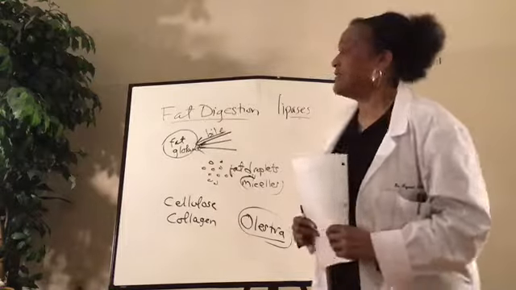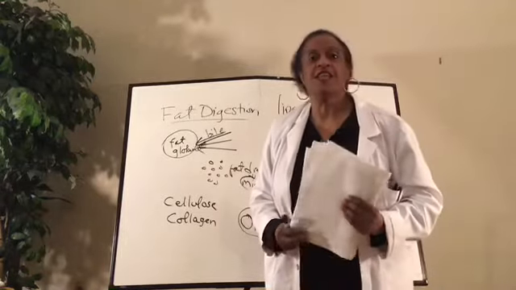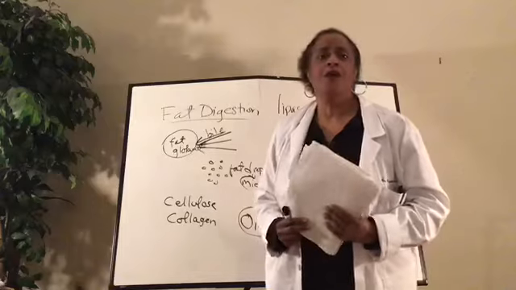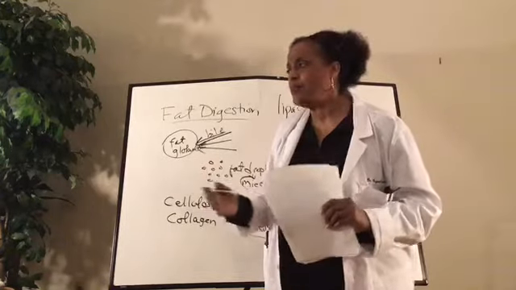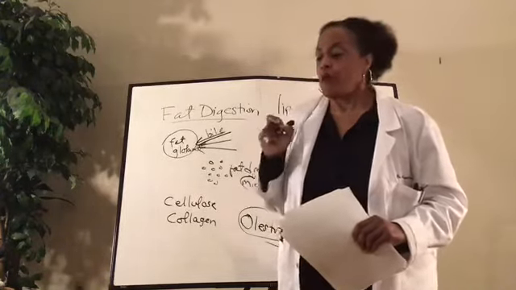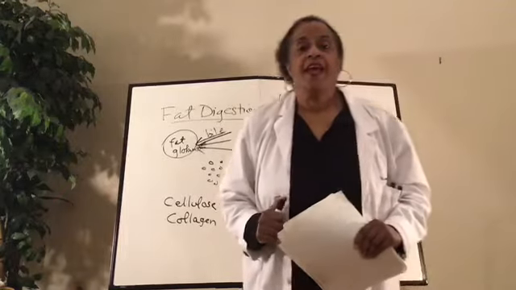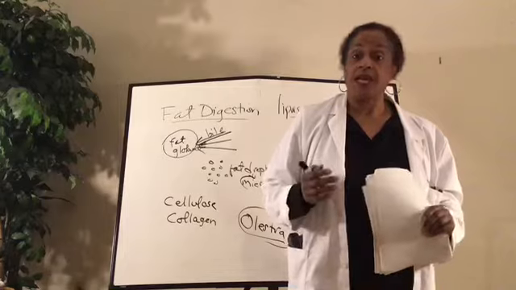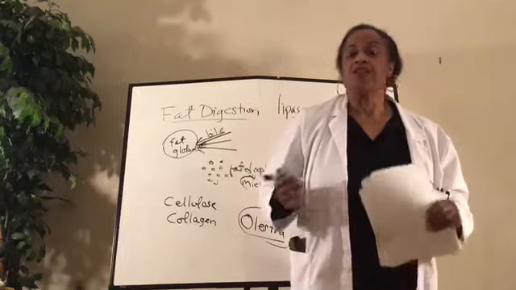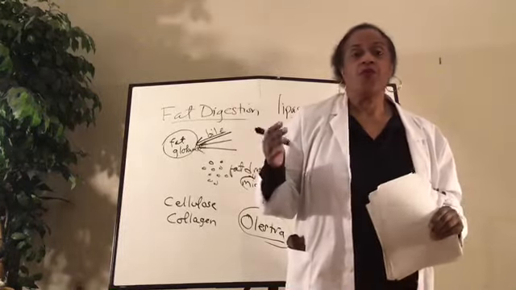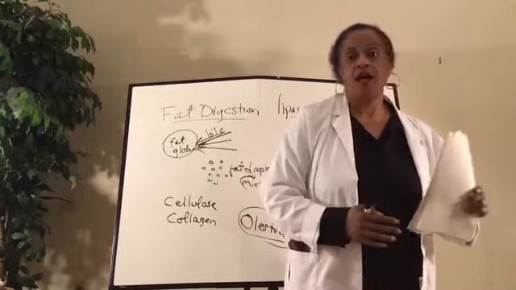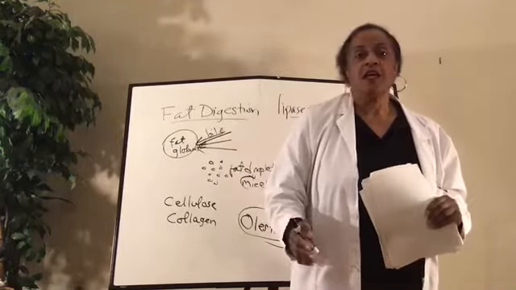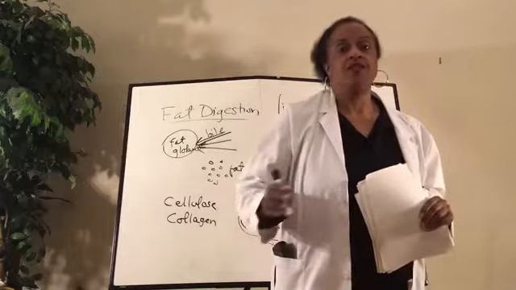Now, I said that for years, and then I read in some scientific journal that people who are indigenous to Japan have actually developed an enzyme in their gut to digest cellulose because they eat so much seaweed. But when they come over here, say after one generation, they will lose that ability to digest cellulose.